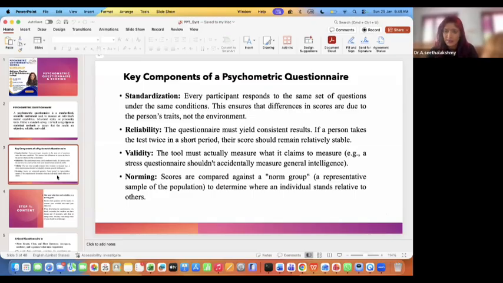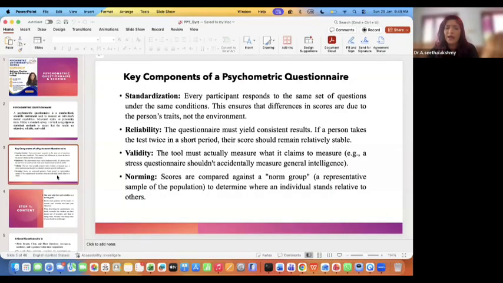Or else, even if we are not developing one, if we are supposed to use a questionnaire, imagine that you have a questionnaire for a personality test. Whether it is a subjective test, objective test, or projective test, you have the Rorschach test, which we generally use as a projective personality test.